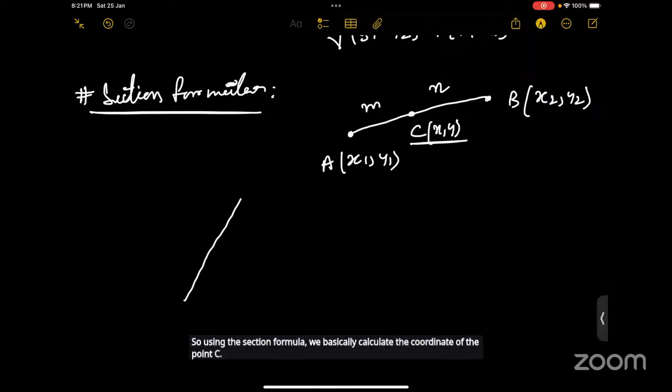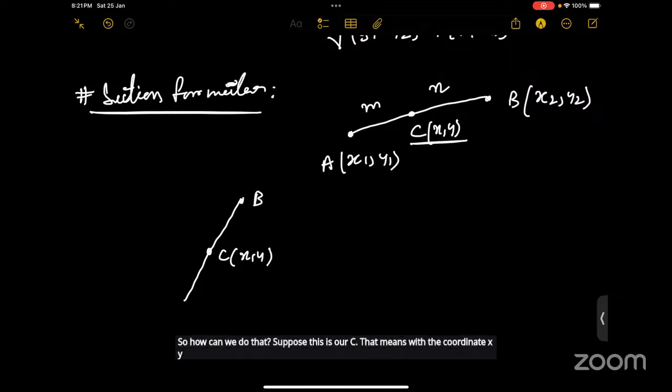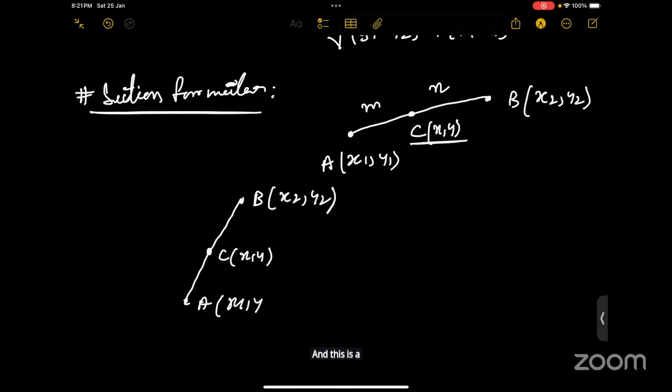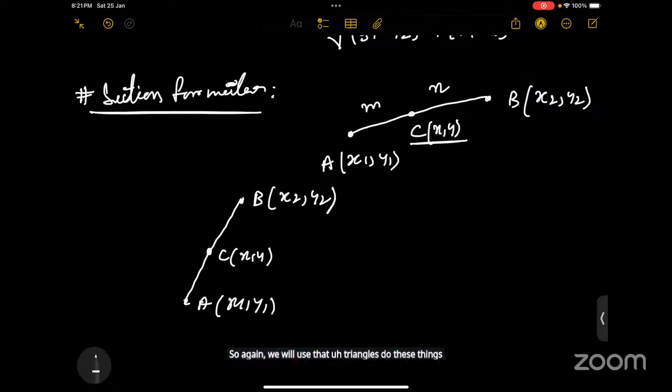So how can we do that? Suppose this is our C, with the coordinate x y, and suppose this is our point B with the coordinate x2 y2, and this is A x1 y1, right? So again we will use triangles to do this.